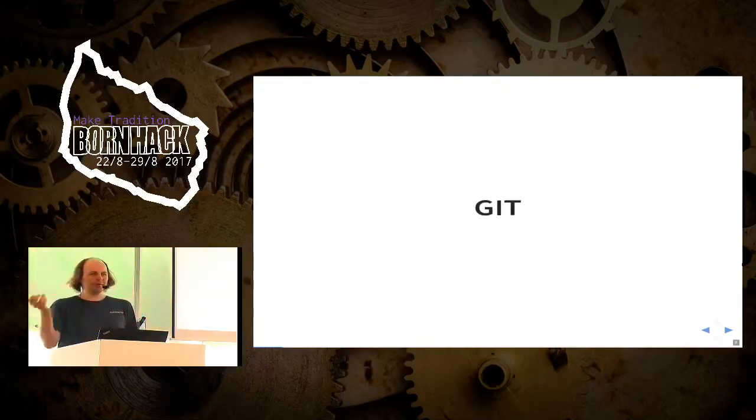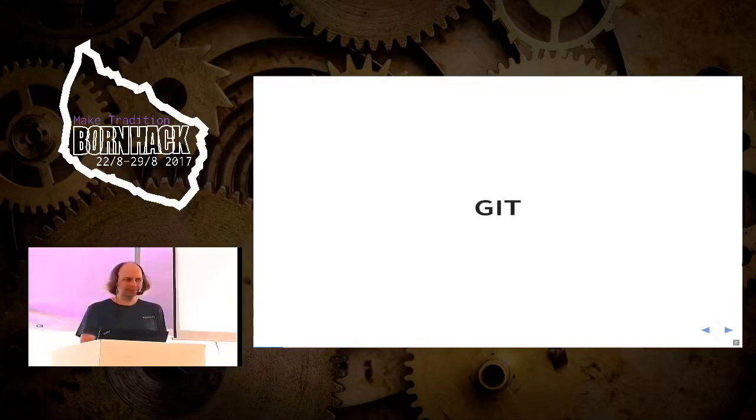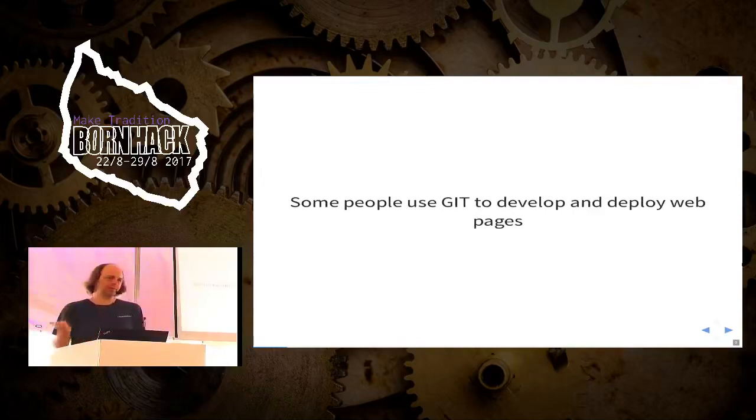So you probably all know Git, right? I mean, Git is the standard tool to manage source code. And some people also use Git to develop web pages and manage the files of their web pages and deploy the web pages to their servers.